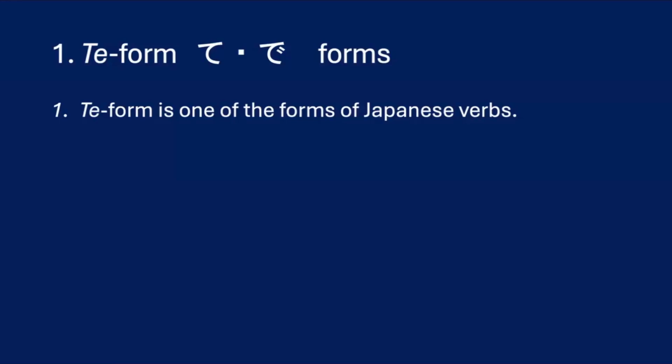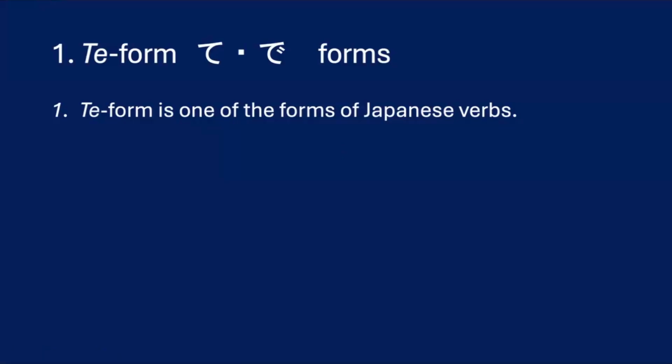And if you didn't do something, then masen deshita is the ending. So those are the dictionary form and masu form that we have learned for every verb so far. Te form is another addition.